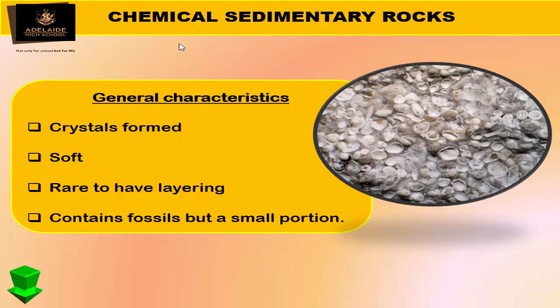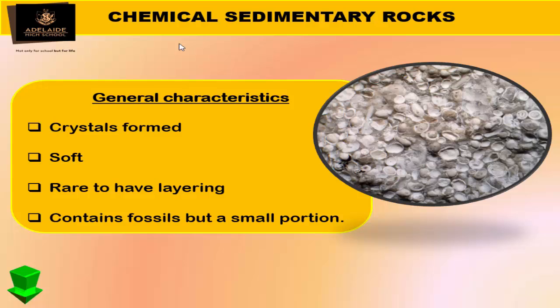General characteristics, you have crystals form, that's right. And it is actually much softer as compared to your clastic ones because clastic ones are actually formed from rocks. This one here in terms of chemical is formed from mainly chemical components, which is actually brittle. All right. The third one, this is another important point. We see sedimentary layering in clastic rocks, but we don't actually see that in chemical.